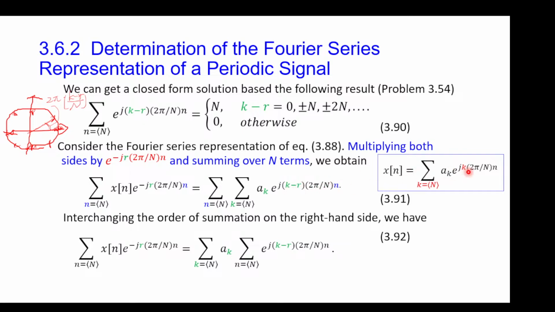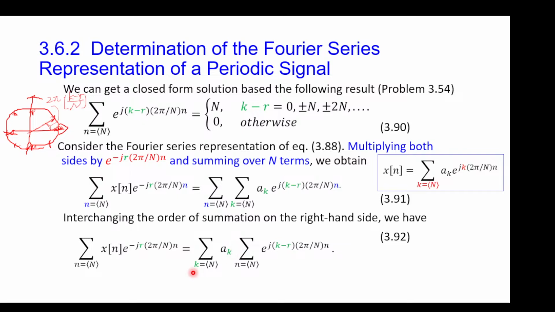So we have k omega naught n minus r omega naught n, and it becomes (k minus r) omega naught n. Then on the right hand side we can change the order of summation: sum over n and sum over k becomes sum over k and sum over n, and a_k is not dependent on n, so we can put it outside.